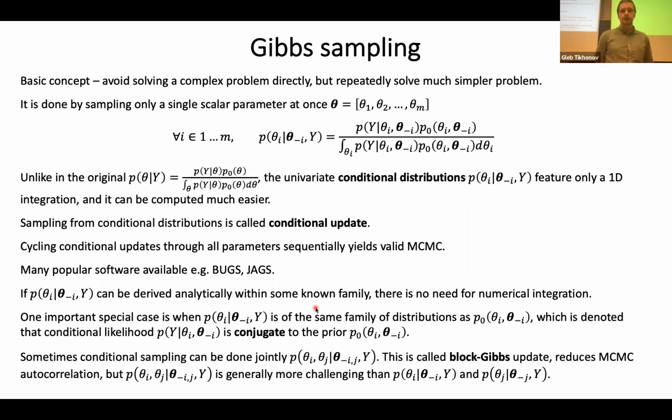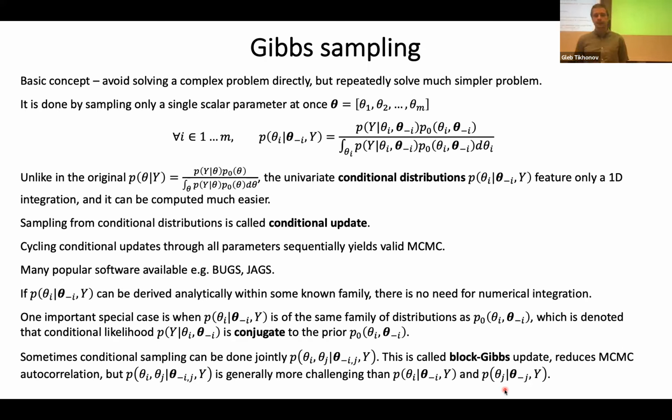So instead of, for example, sampling theta i conditional on all other parameters except theta i, and theta j conditional on all the parameters except theta j, we can sometimes derive or develop a sampler which samples theta i and theta j jointly, conditional on all other parameters except these two. And this in general, for sure, would reduce the MCMC autocorrelation. So it would mean that probably we would need either fewer samples or less thinning.